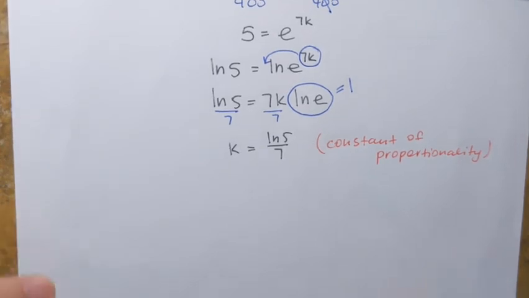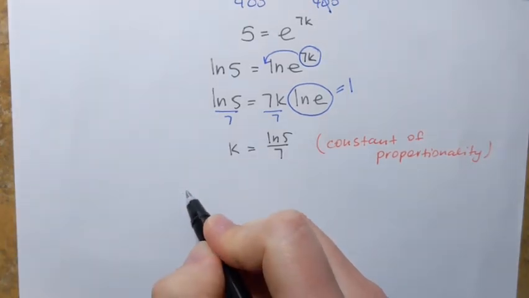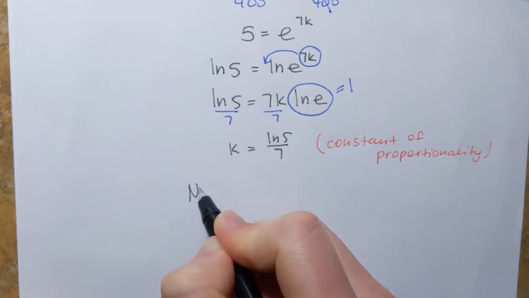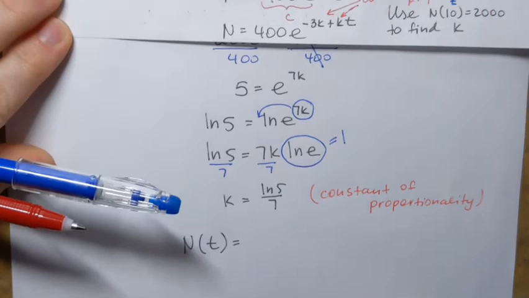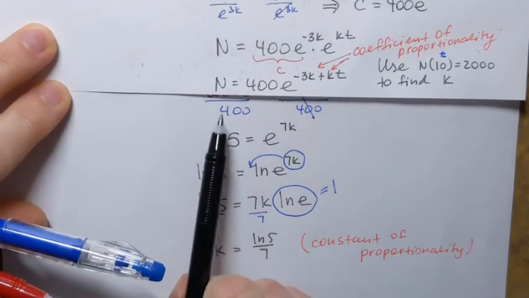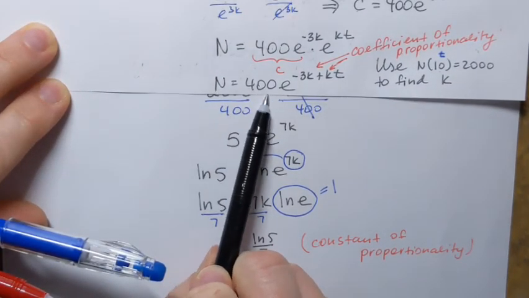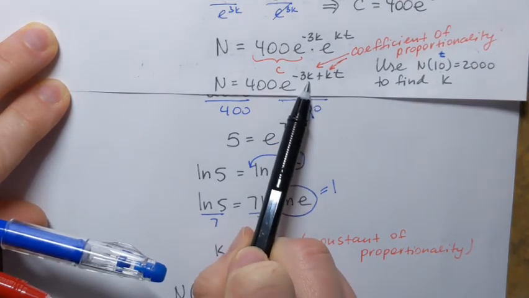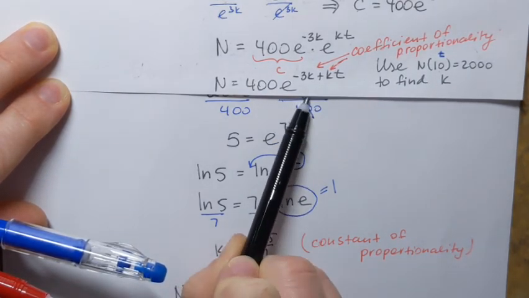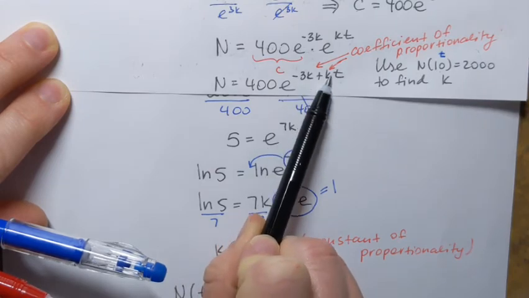Let's keep going. So now I'm putting it all together, and I'm writing down the function. So here it is. Function n of t equals. Now where am I getting this from? I'm getting this from here. So we almost had our function, except we didn't know what k was. We found k. Now I'm plugging in that k value into here.